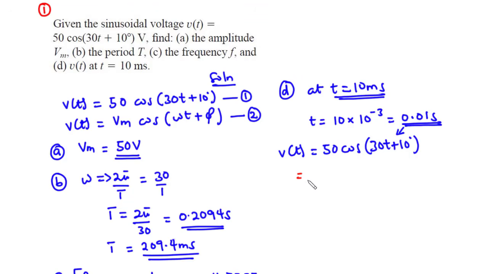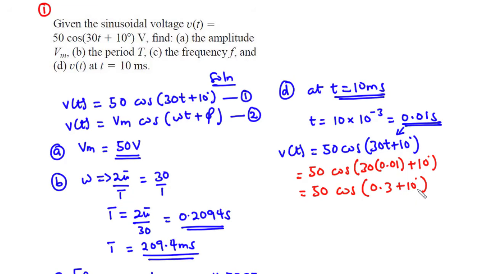Therefore, we have V of t equals 50 cos 30 times t, that is 0.01, plus 10 degrees. So this becomes 50 cos, now 30 times 0.01 is equal to 0.3, plus 10 degrees.